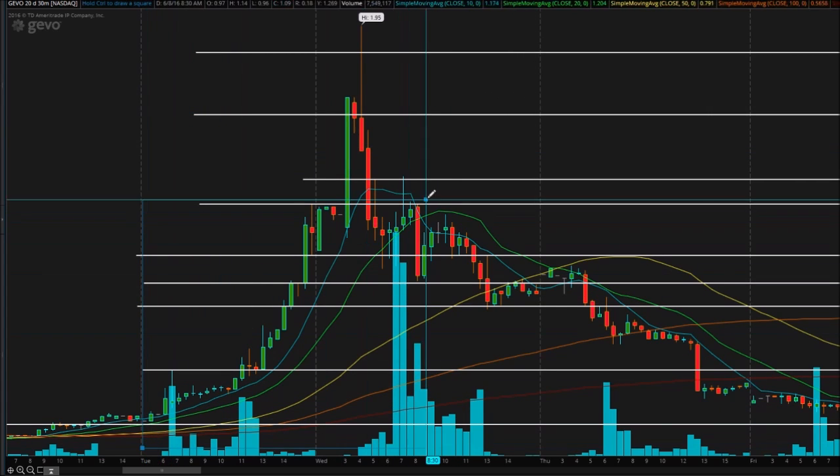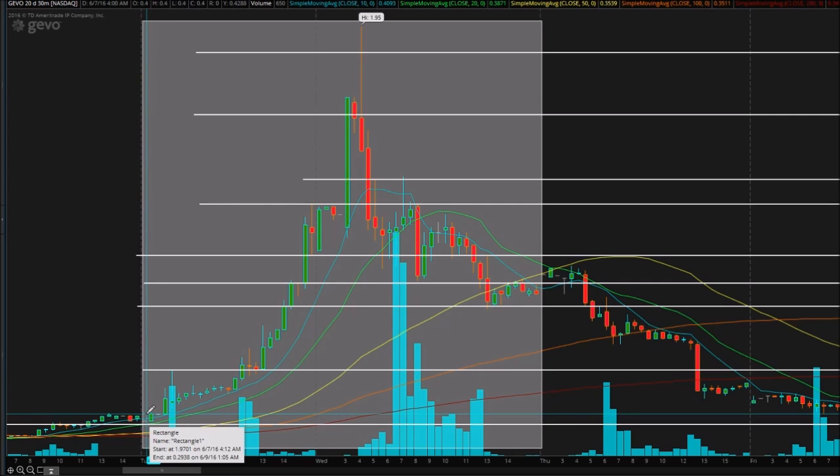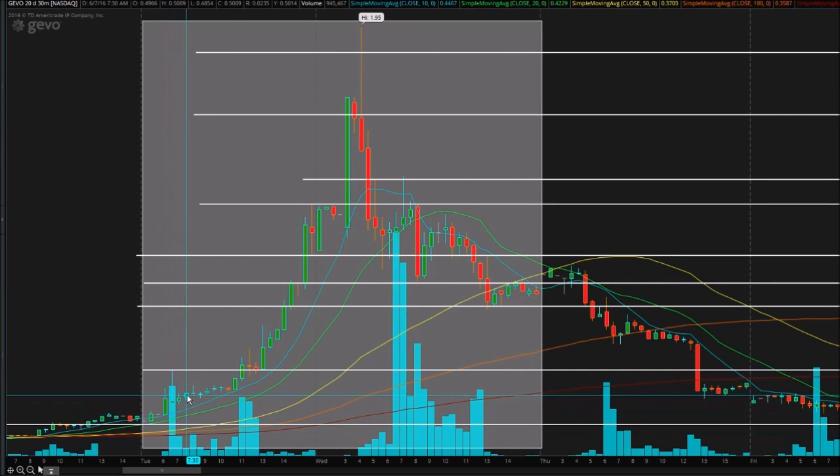So let's highlight this and take a look. We ran from about 42 cents all the way up to 59 cents, 85 cents, 94 cents, $1.05, $1.20, $1.34, $1.60, $1.85, and made that high of $1.95.